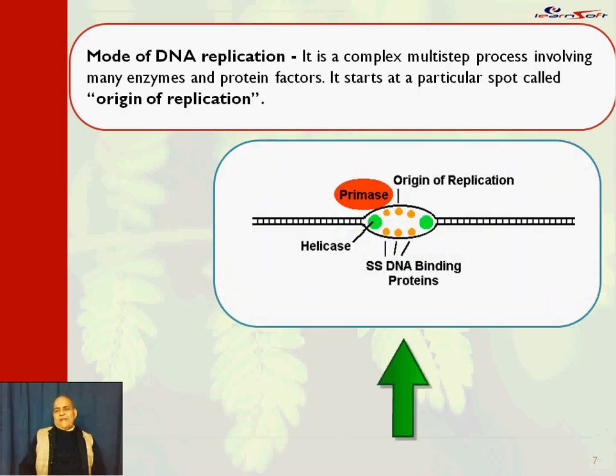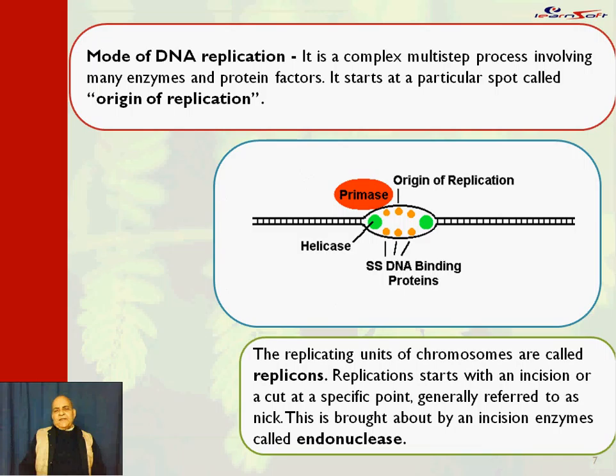Here you will see the circled region is the origin of replication, from where replication starts. You have in this region single stranded DNA binding proteins. You have helicase enzyme, and of course you have the primase, which we will be taking up just now.